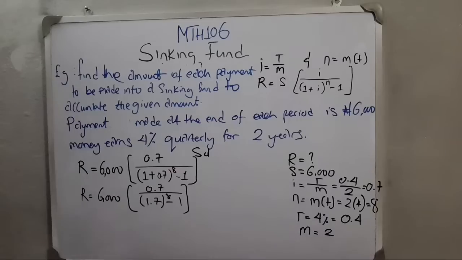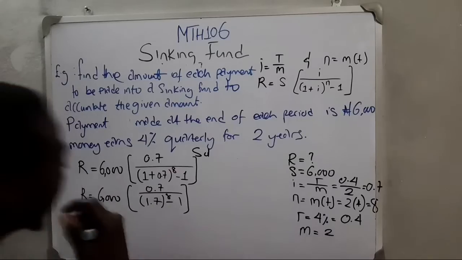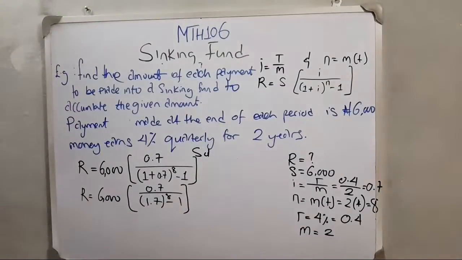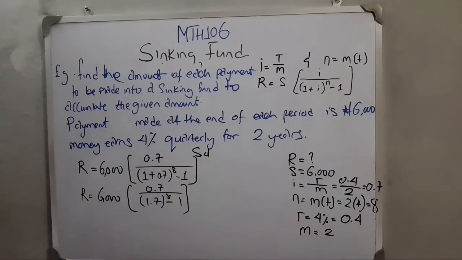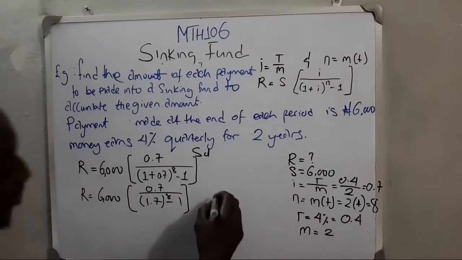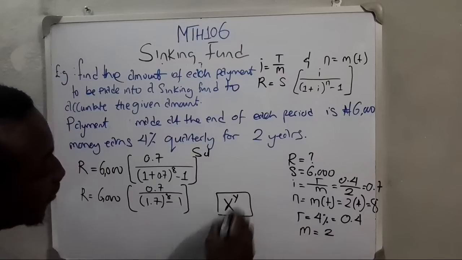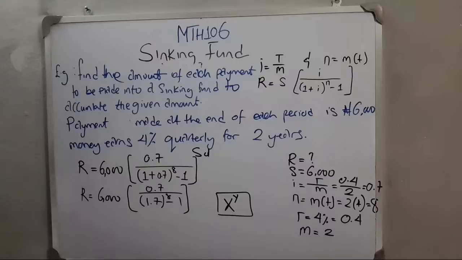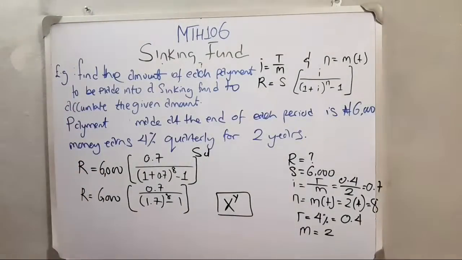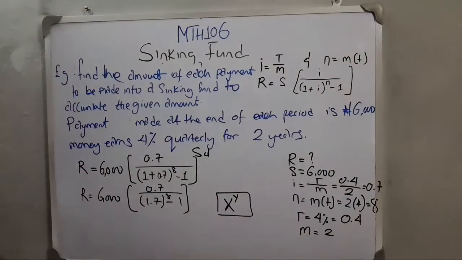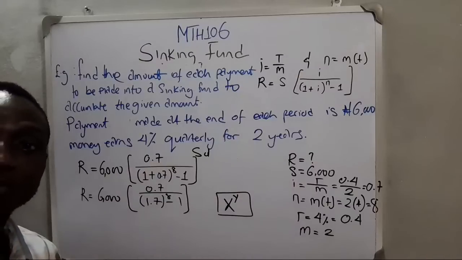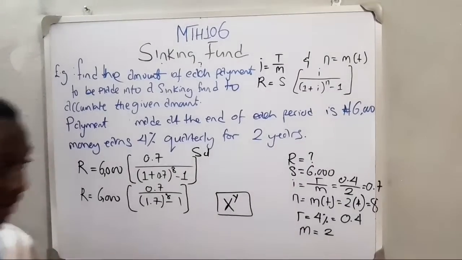And let's observe the raised to the power first. On my calculator here I have it as x raised to the power of y. If you are using your phone or your laptop, what I have here is my laptop.